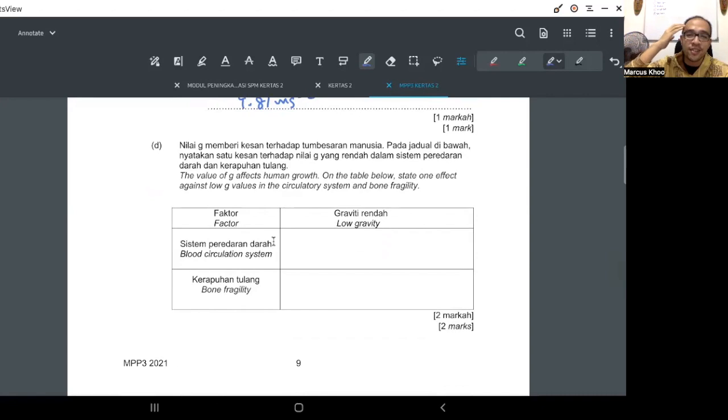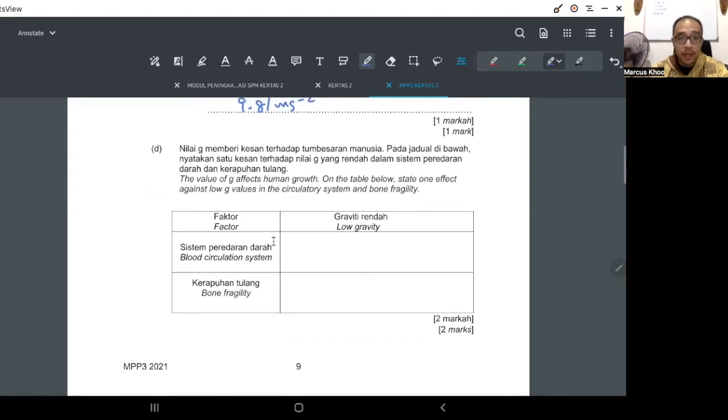I know it feels a little bit weird. There are a few ways to write this down. So, blood will collect on the upper part of the body.